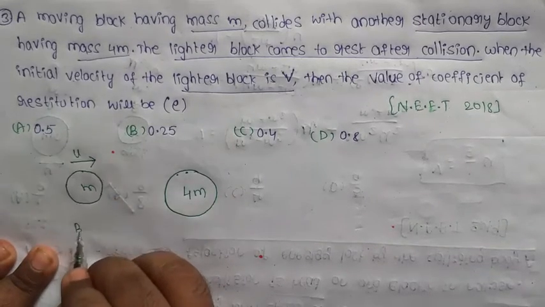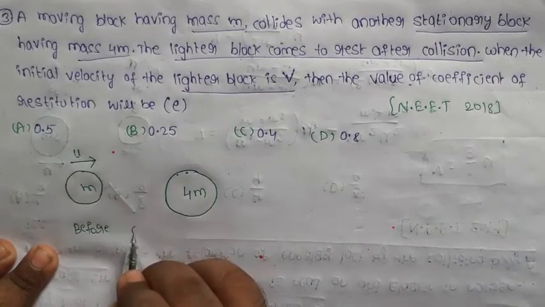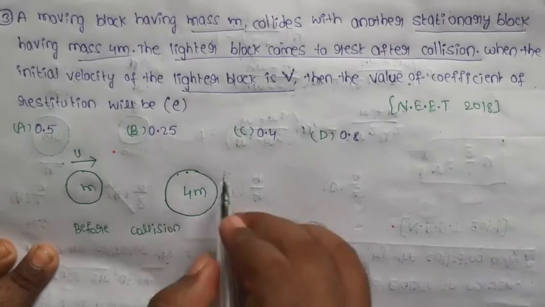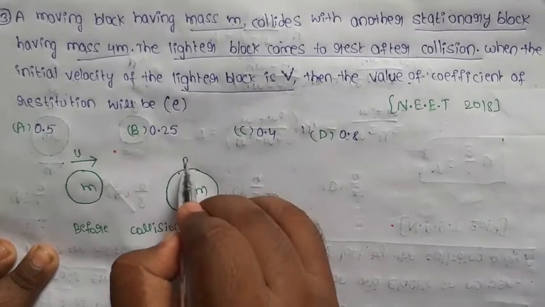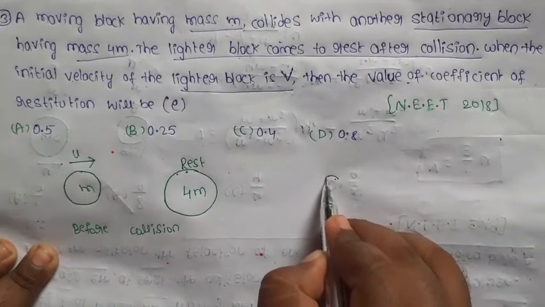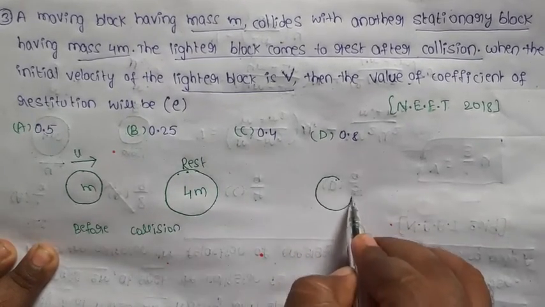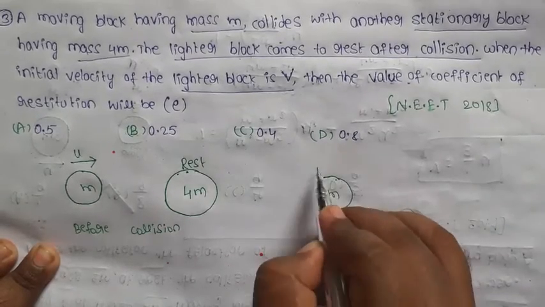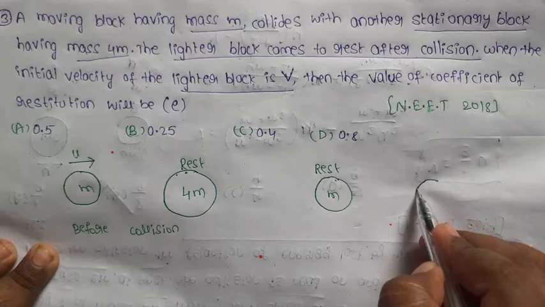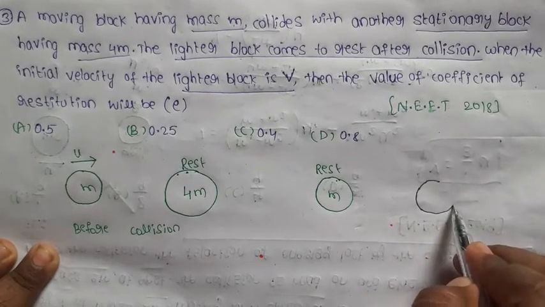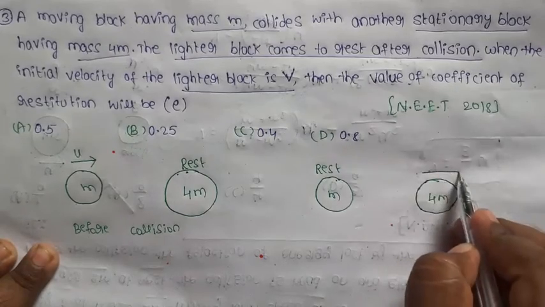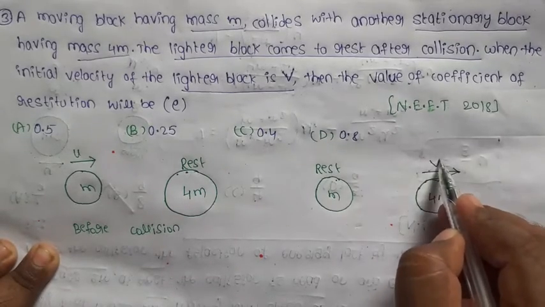This is before collision, and the heavier block is at its rest position. After collision, the lighter body comes to rest, and the heavier body is in motion with velocity v.